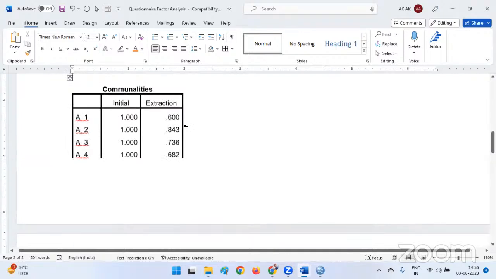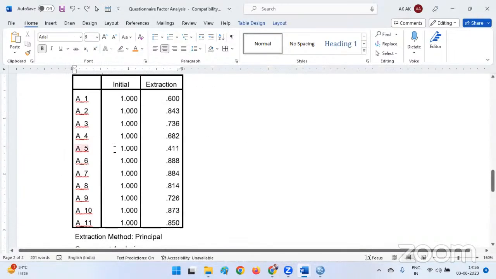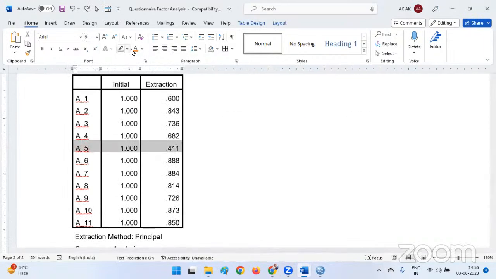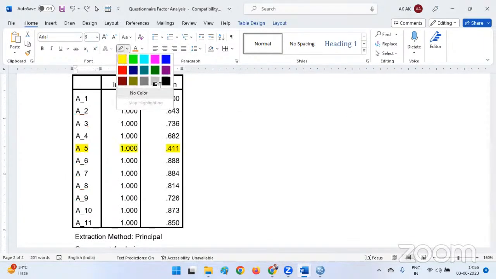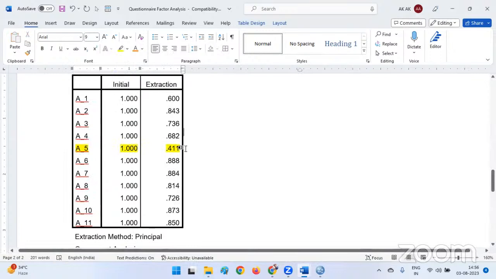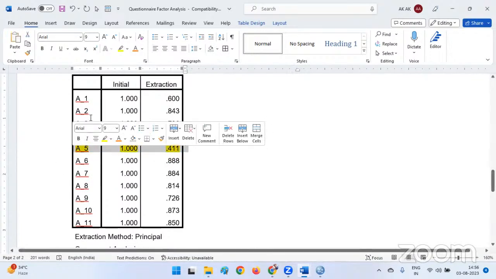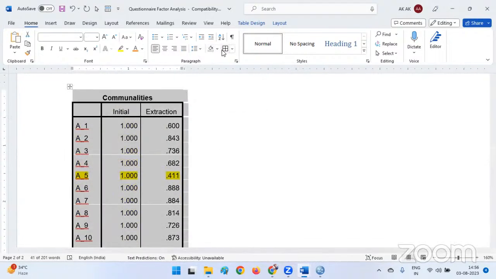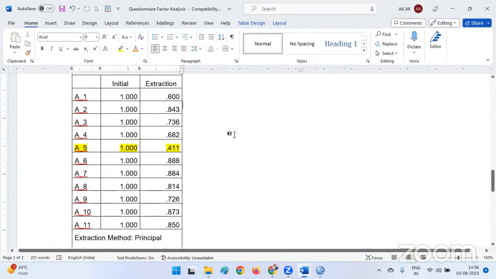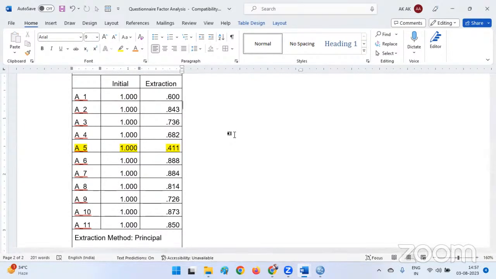Now, in this table, variable number 5 is giving a communality value which is very close to 0.4. This may not be a very good statement to go with in the factor analysis. Okay.